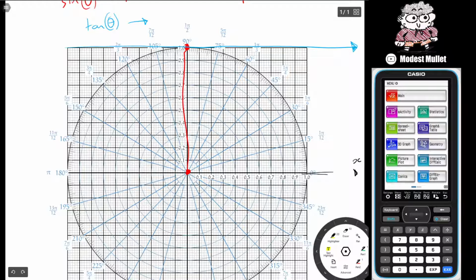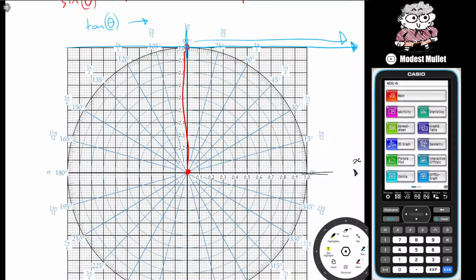So the tangent at 90 degrees is never going to come down and cross the x-axis. So it is impossible to measure that distance until it hits the x-axis, because it never happens. So we can't define it.